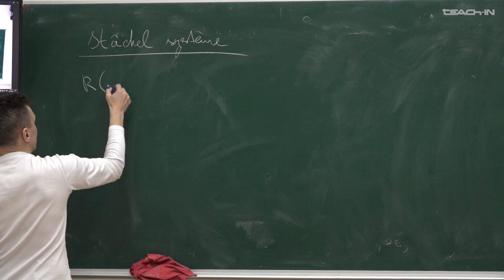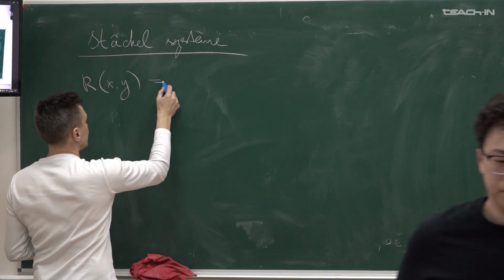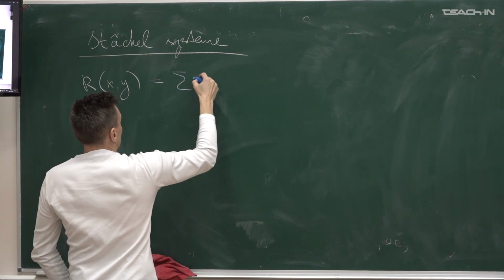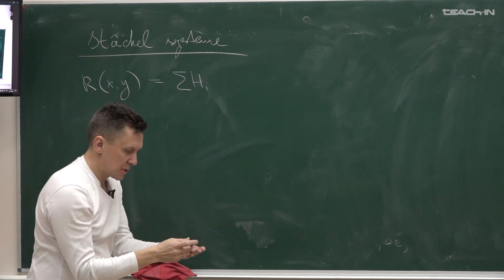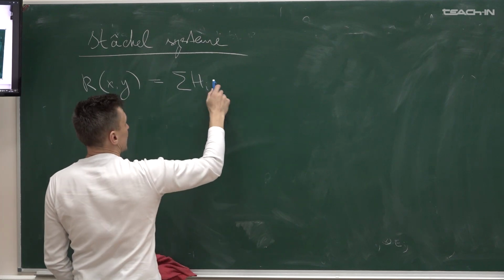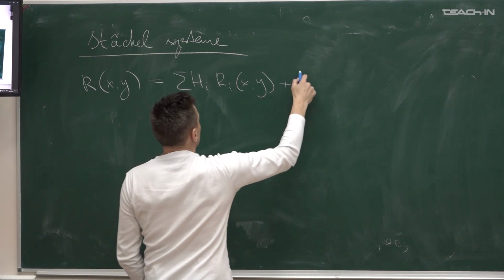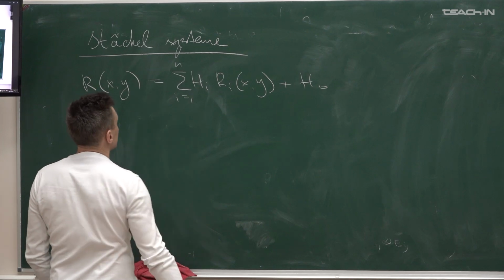Let us consider a polynomial in two variables, which is the sum of coefficients, I would name the objects by the correct names, r_i(x, y), plus h0, i from 1 to n.